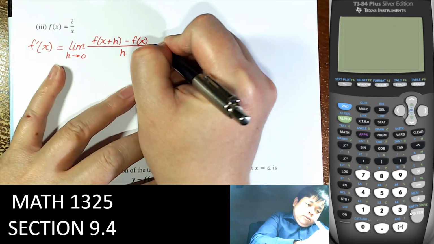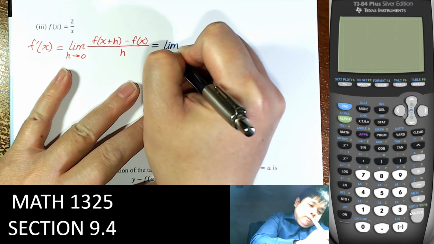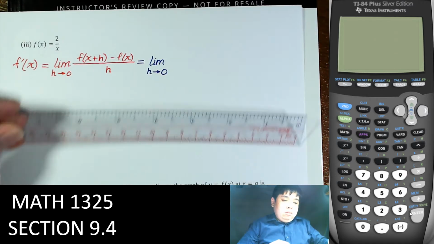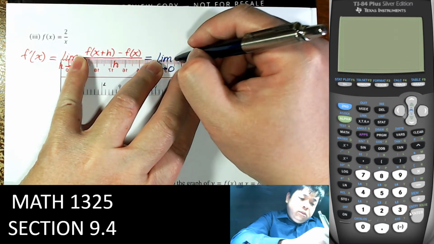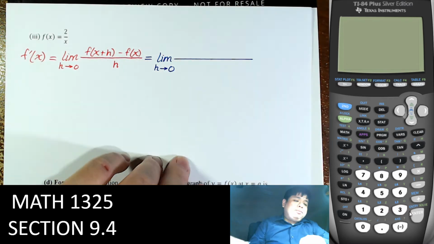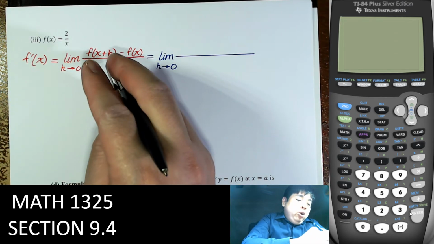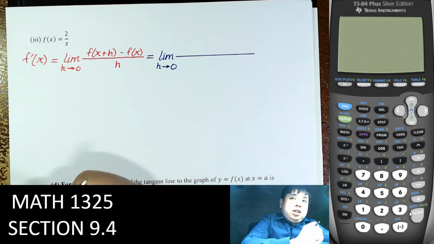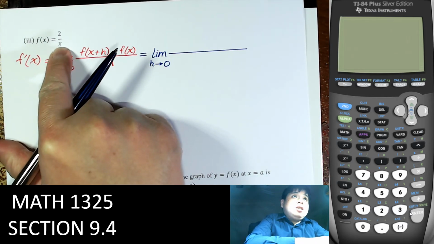Now, the function is 2 over x. f of x is 2 over x. Now, if we have x plus h instead of x, I simply substitute x plus h into x, right?